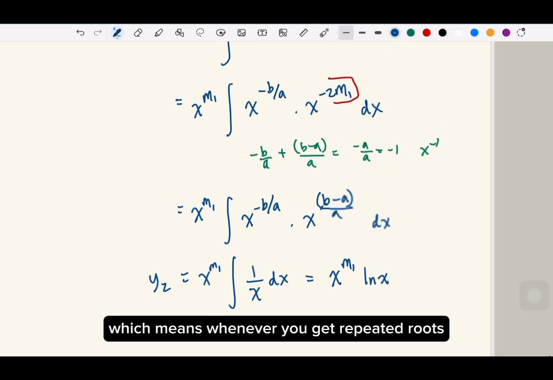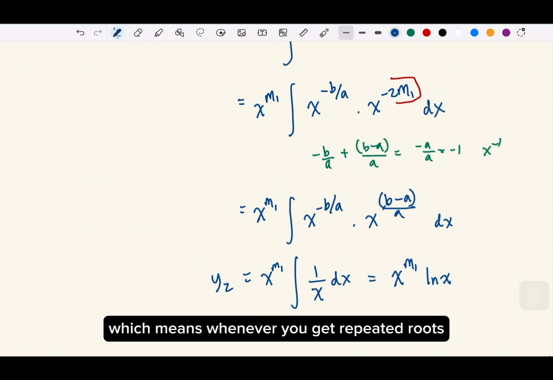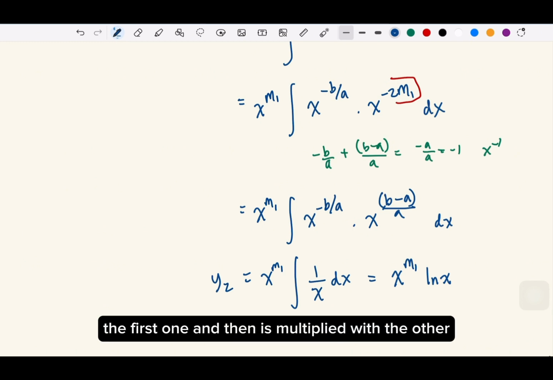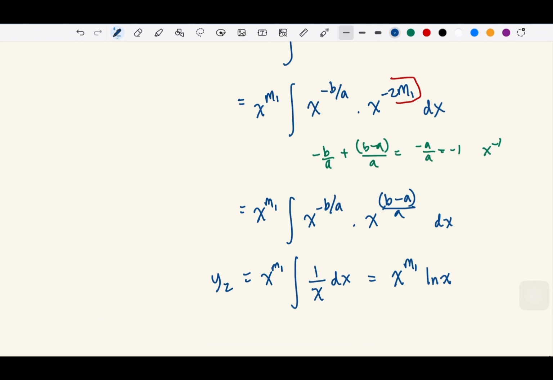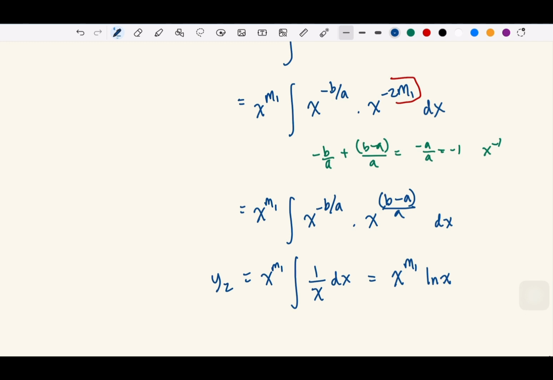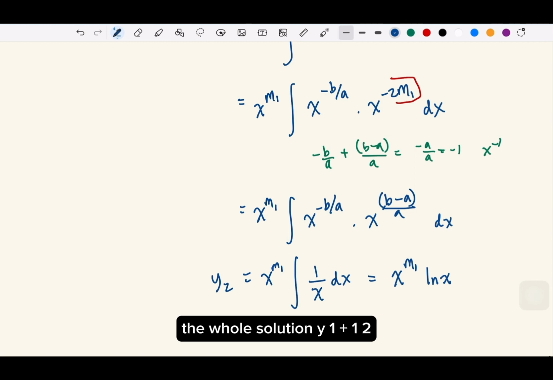Which means whenever you get repeated roots, you can write the first solution and then just multiply with ln x for the other. This is for y2. So you will have the whole solution y1 plus y2. So y2 you need to write like that.